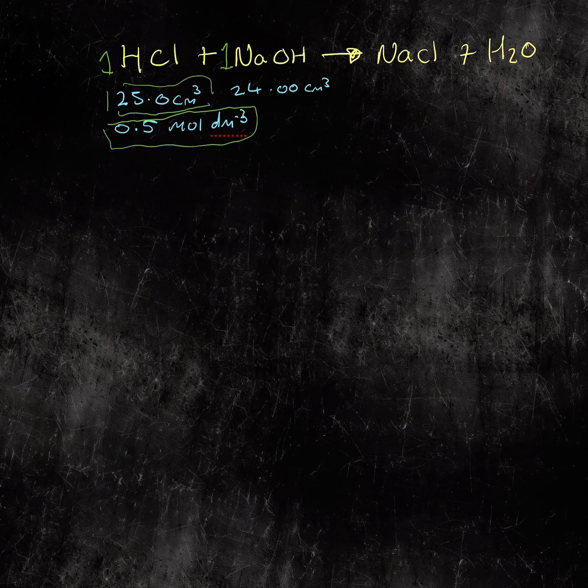So the number of moles of hydrochloric acid will be: number of moles of HCl equals concentration multiplied by volume in cm cubed.